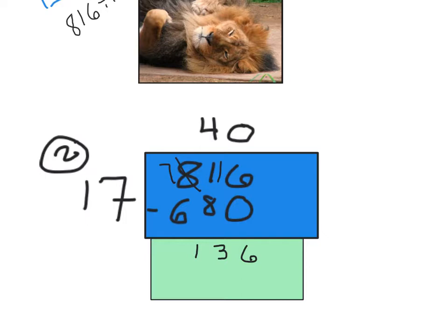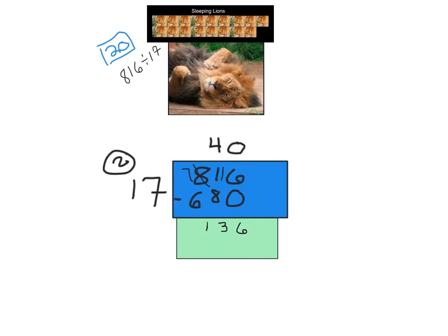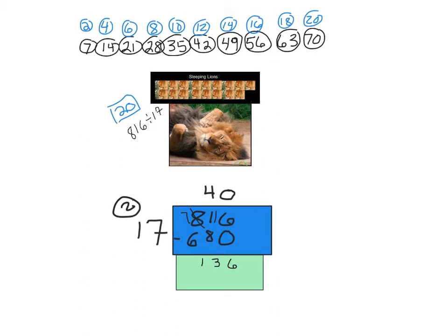Now, I got to see how many times this 17 can fit into this area box, right? So I'm going to come back up here, and I'm using my estimation number again. So I'm going to estimate with the 20, right? So I'm going to come up here, and I'm looking for 136.